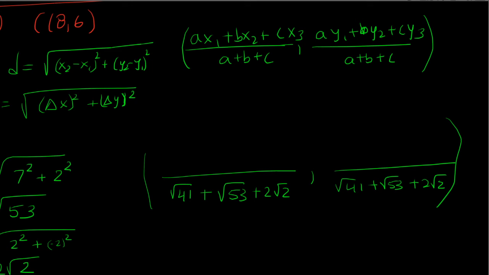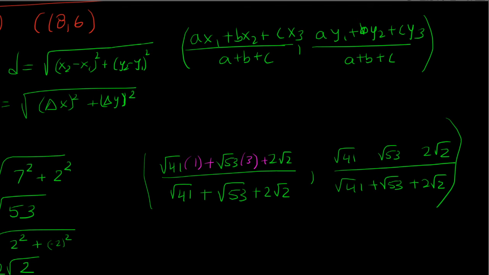Okay, now for the top, I'm going to do the same thing. Write out A, B, and C. But now I'm going to multiply by the coordinates. So first one is x1. x1 we said is 1. And then x2. x2 we said is 3.